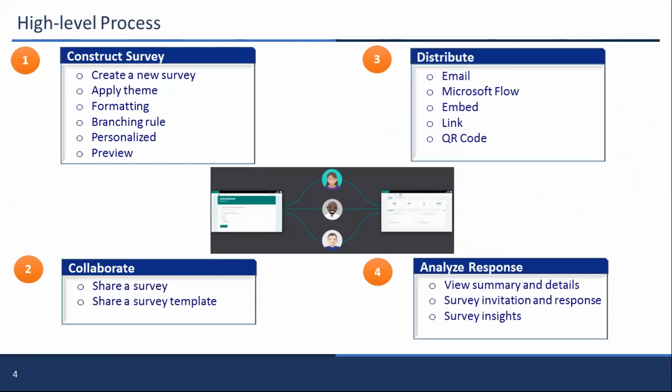So the high-level process, right? What could be the high-level process? The interface is very simple, very intuitive. The very first step is you set up the survey, right? Within the survey there are a lot of other options, like you can change the theme, put in your company branding, and do formatting.